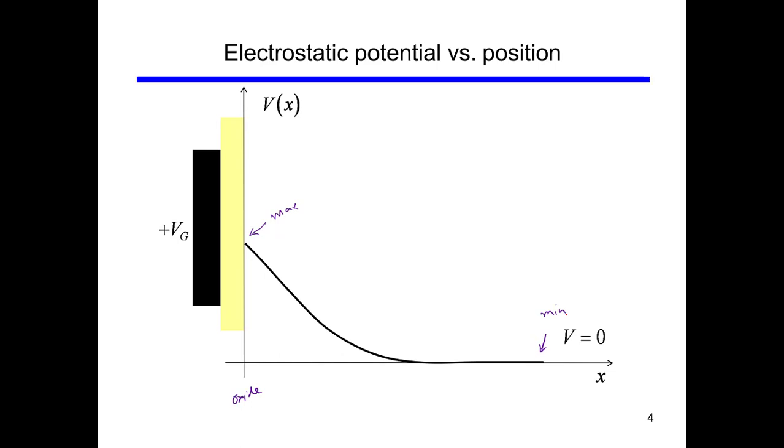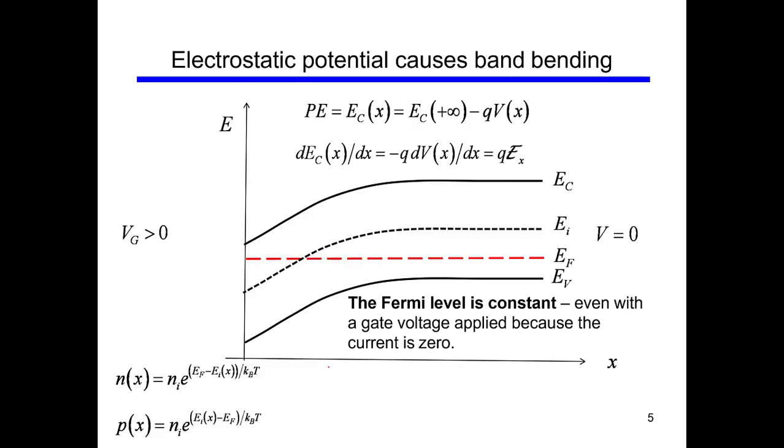Okay, so this is what happens when you apply a voltage. The potential is strong near the oxide, and it goes down as we move along the x direction.